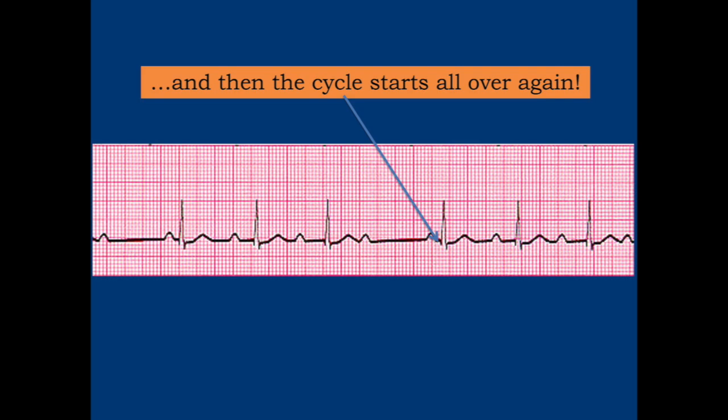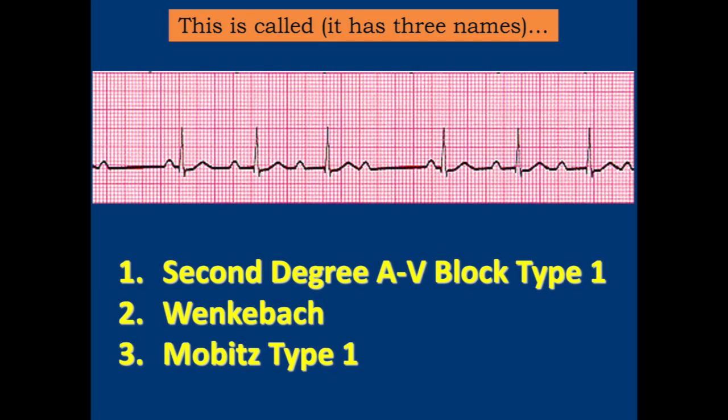We have short, medium, longs. And this is called second degree AV block, and there's 2 types here. This is called type 1. The name that a lot of people still use is Wenckebach, and the more modern name is Mobitz type 1 AV block. So it's Mobitz type 1 dysrhythmia.